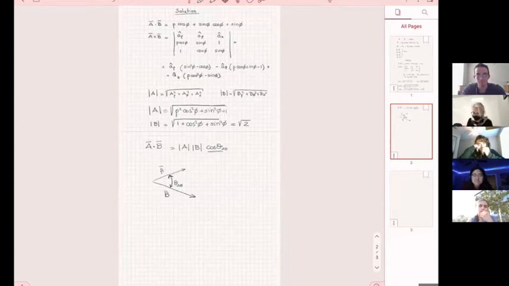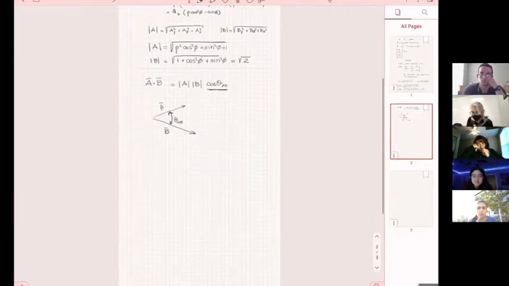Perfect. So let's try to find the angle between the two vectors. Since if I know the two vectors and if I know the angle, I know a lot of things after that. And what do I know after this? Do you remember from the previous homework? If I know the two vectors, I can find the sum and I can find the difference. Do you agree?